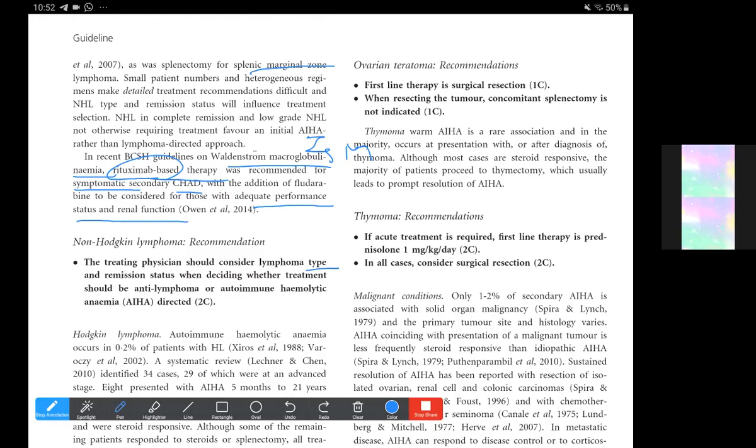So these 4 are the major types of non-Hodgkin's lymphoma, and we need to consider the type and the remission status. That is, what is the type of the disease and what is the grade of the disease, and also the remission status when deciding whether treatment should be anti-lymphoma or autoimmune hemolytic anemia directed.